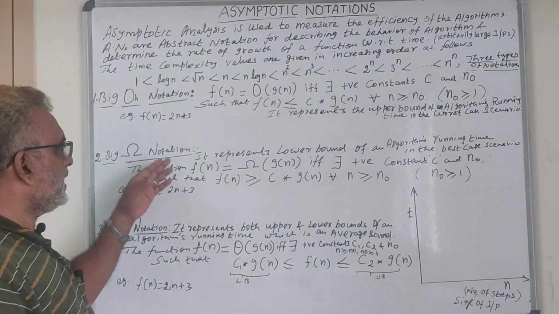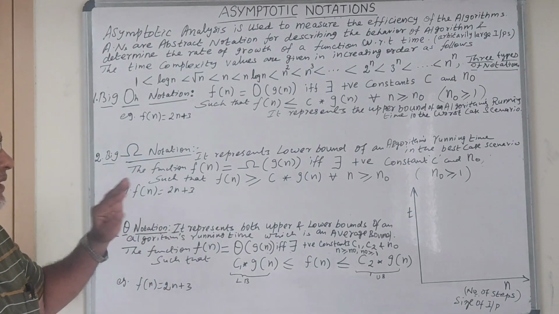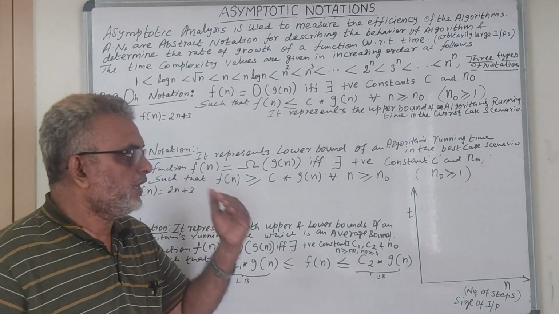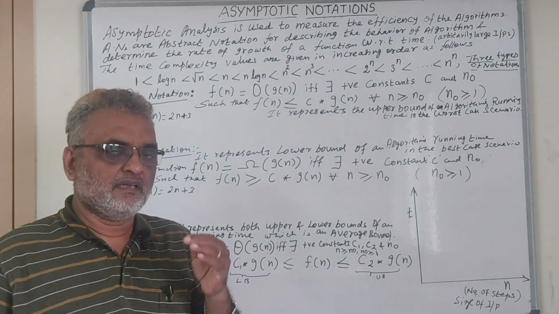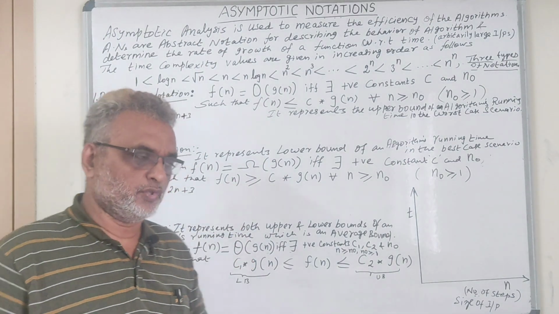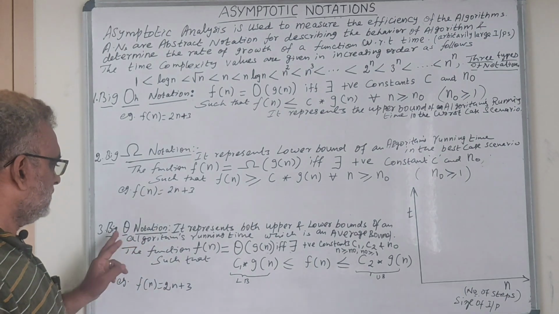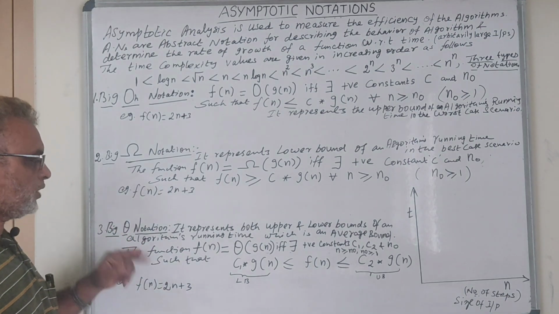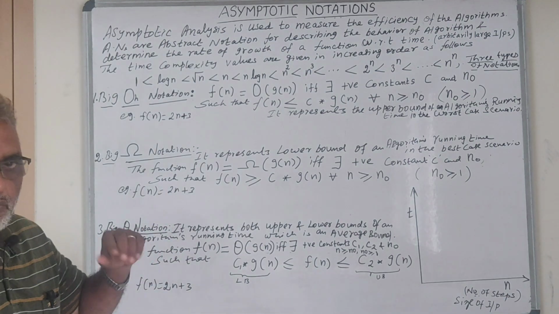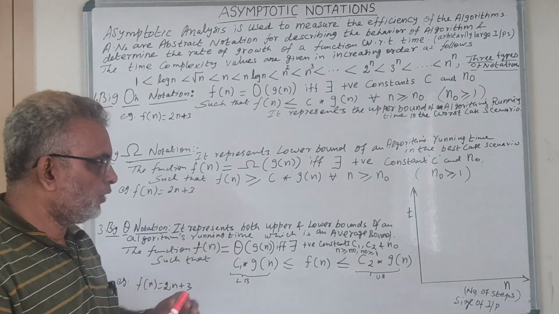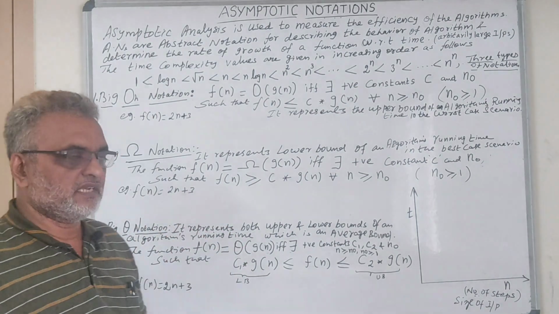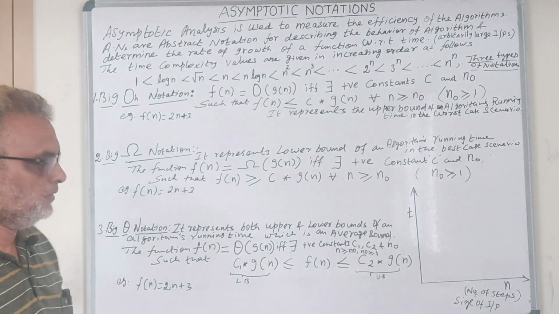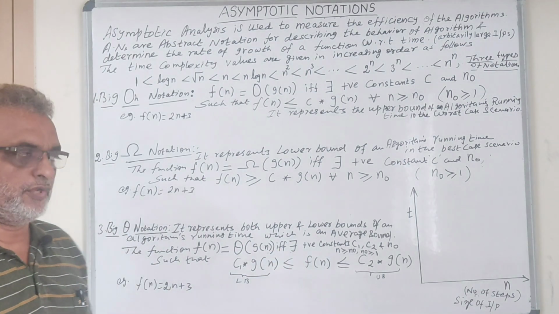Big omega notation represents the lower bound of an algorithm's running time in the best case scenario. Big theta notation represents both the upper and lower bounds of an algorithm's running time, which is the average bound or average scenario.